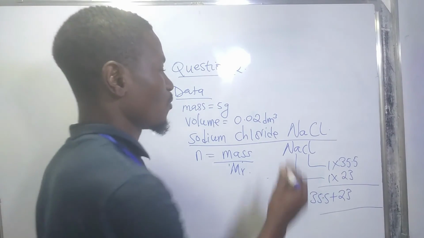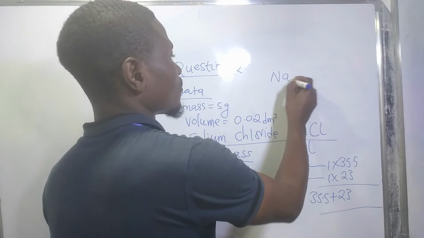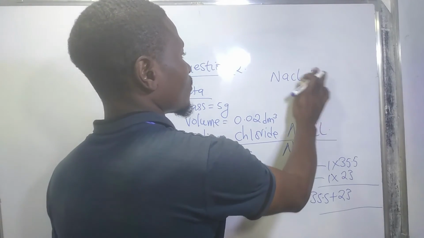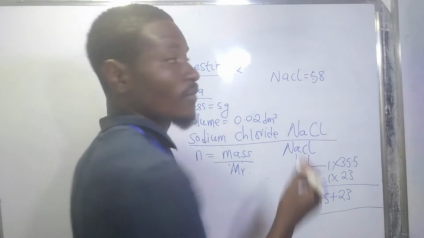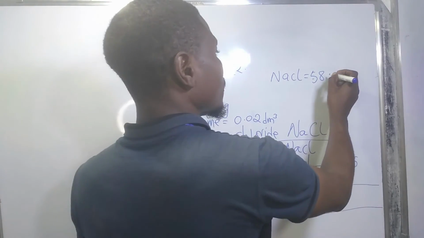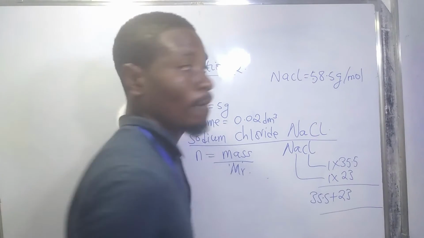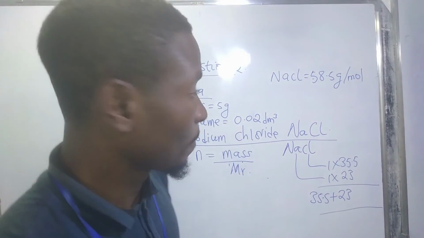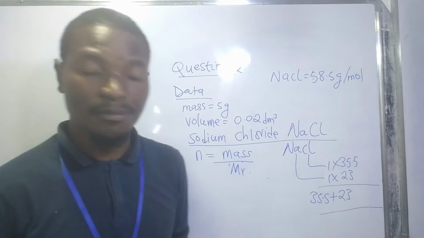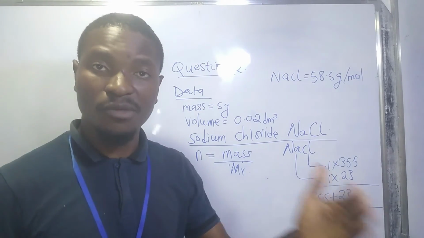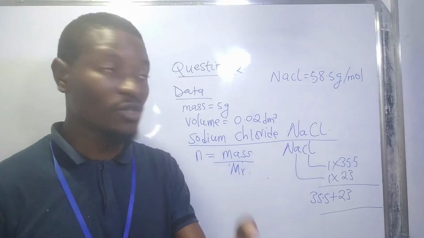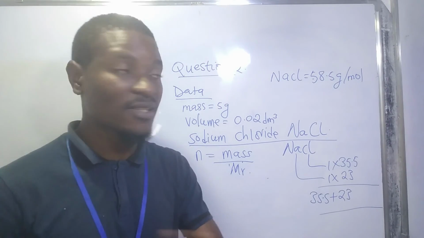This is going to give you 58.5 grams per mole. Okay, so that is the relative molecular mass, or in shortcut we call it the Mr.